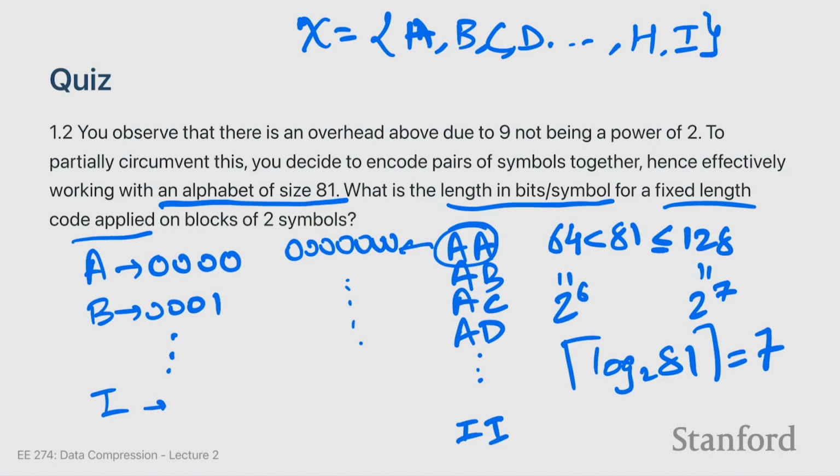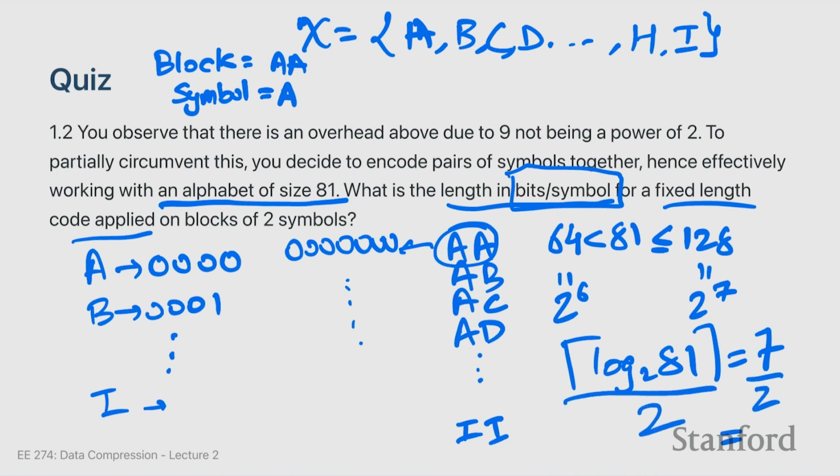However, the question we asked was bits per symbol, not bits per block. Each block has 2 symbols. Just to make it very clear, a block is like AA and a symbol is like A. So the length in bits per symbol is this divided by 2, which is 3.5.